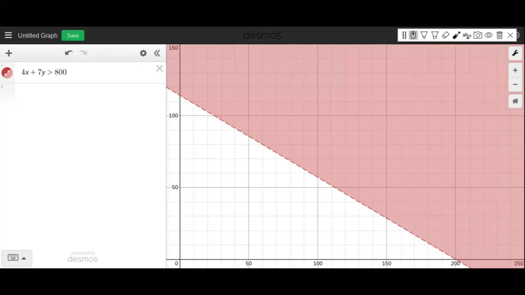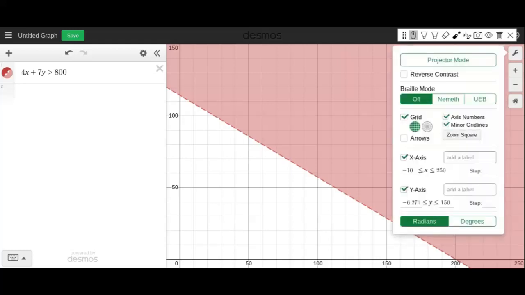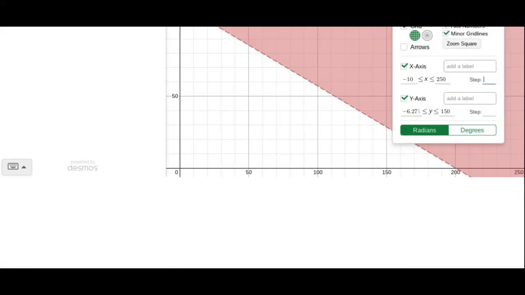There we go. Now you can see that our graph is scaled to numbers that work well for the inequality at hand. And you can do that again. All I did was come over here and click on the little wrench button, and then there are some things we can do in here. I could also mess around with this step option, which allows us to tell Desmos what to go up by on the x and y axis.